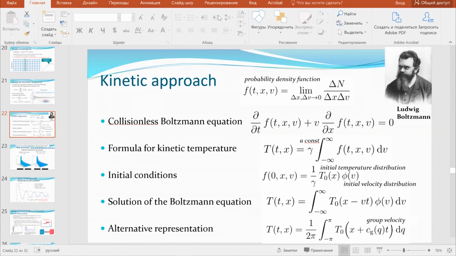It appears to be exactly the same formula which we obtained in an absolutely different way, by using the true, very long solution of the system of linear equations describing this system. If we compare, we see that this is really the group velocity dependence on the wave vector. So these two absolutely different theories connect, which is, to my mind, extremely interesting. But I can't say that I understand completely the mechanism which works here.